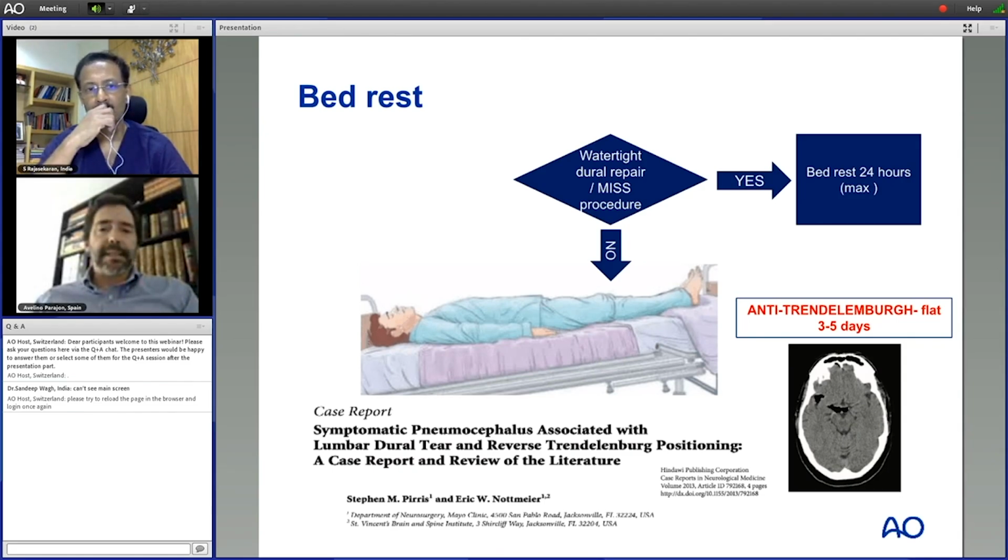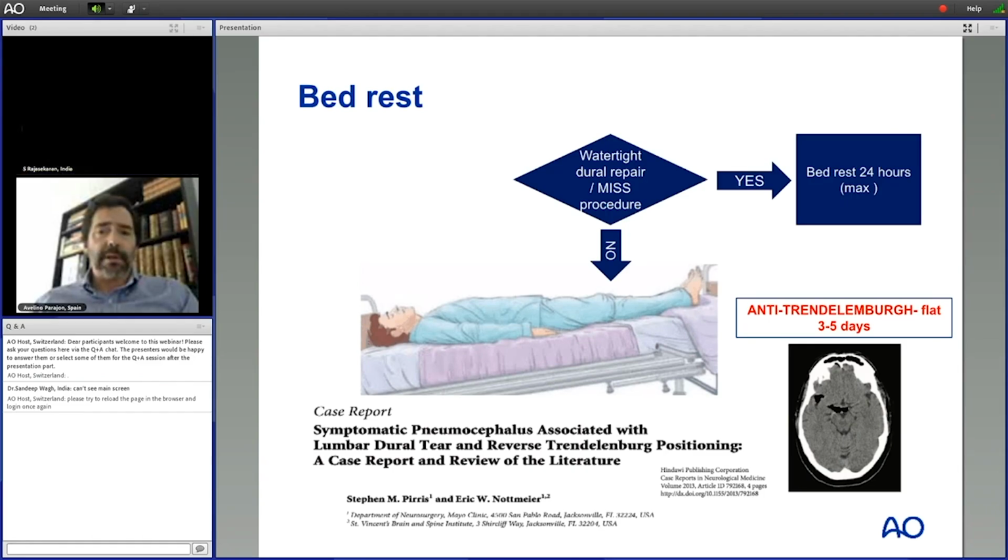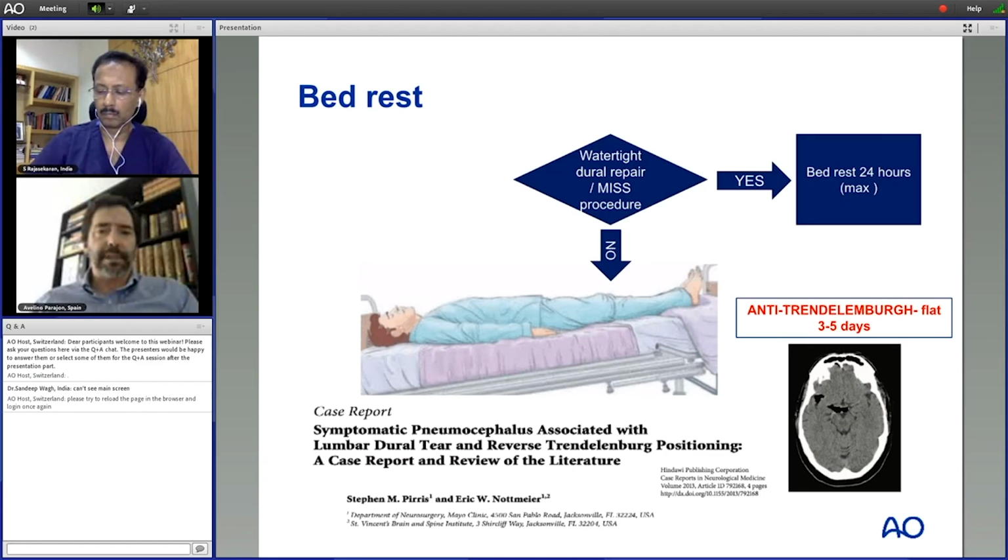But in the cases of open surgery, or when we have not been able to achieve a good watertight suture, probably we will use the anti-Trendelenburg position, because this lowers the pressure on the lumbar subarachnoid region even more than the flat position.